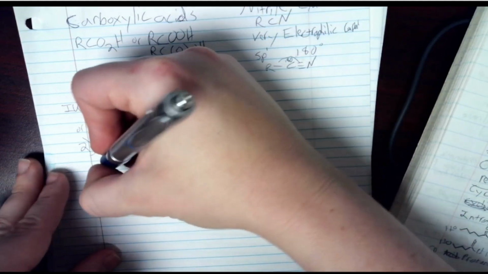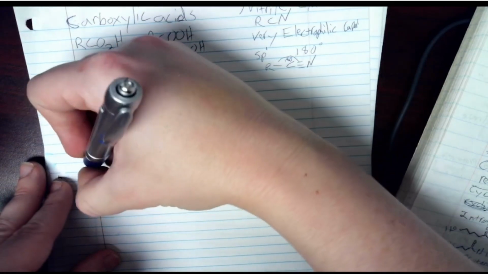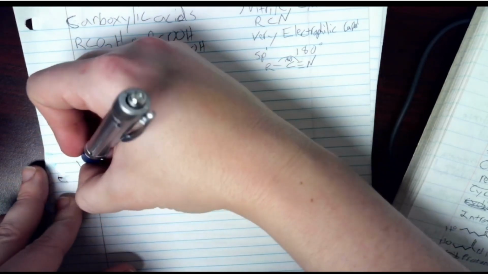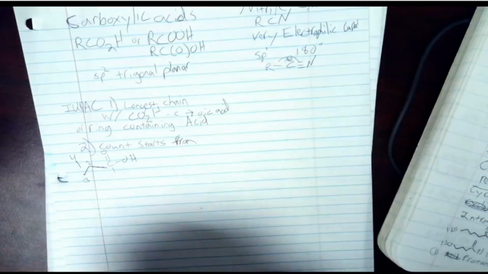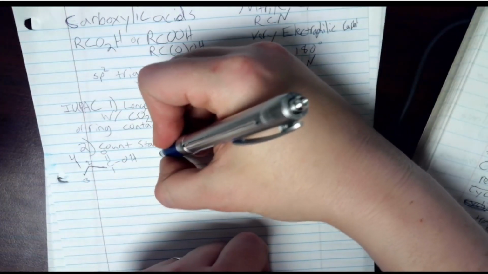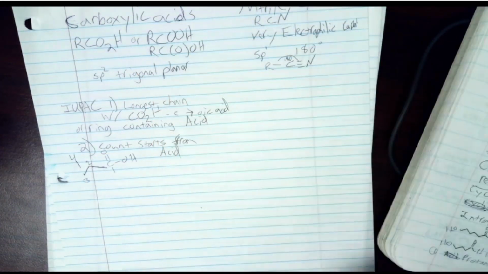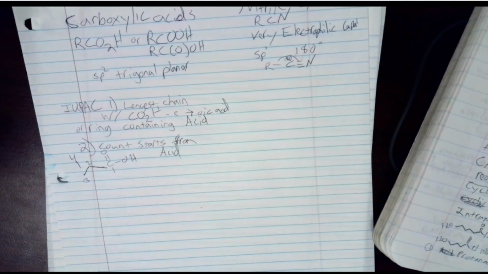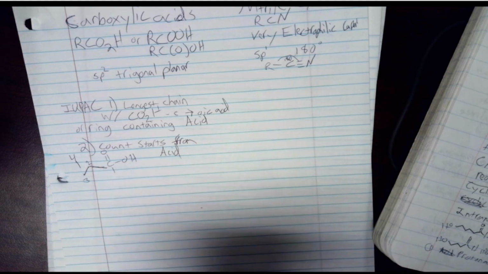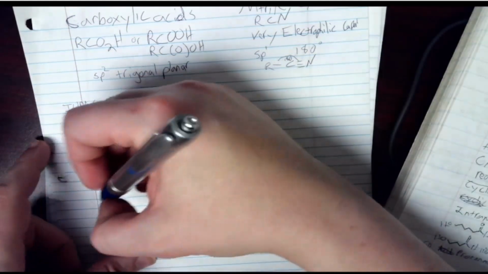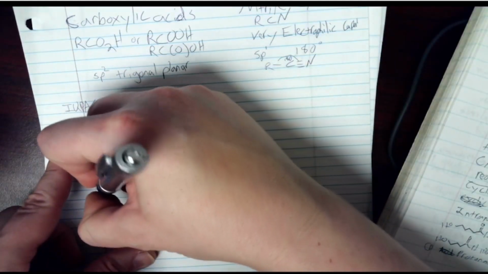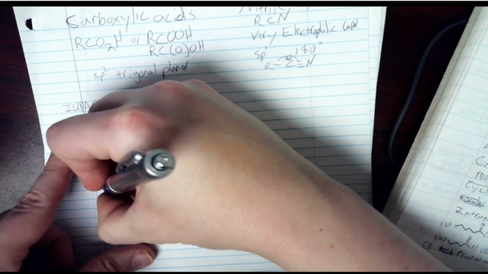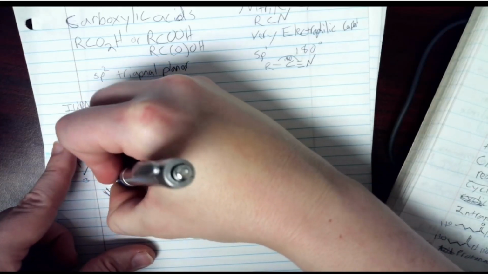So this is carbon 1, 2, 3, 4 from the acid. We have to make sure we start our count from the acid. That's our carbon 1. It takes the highest priority. We should have the lowest number. We can have double bonds and stuff.